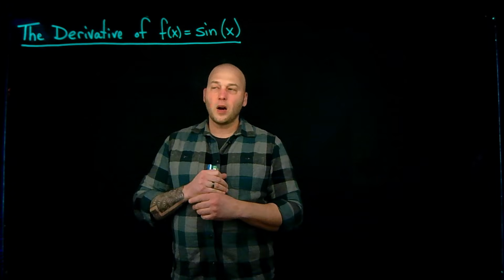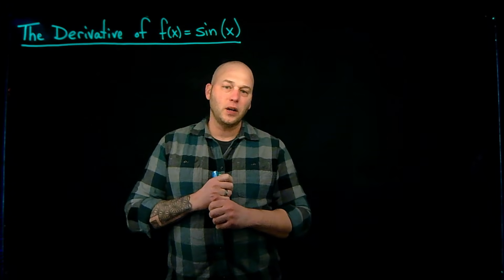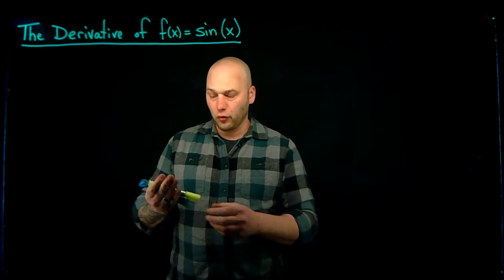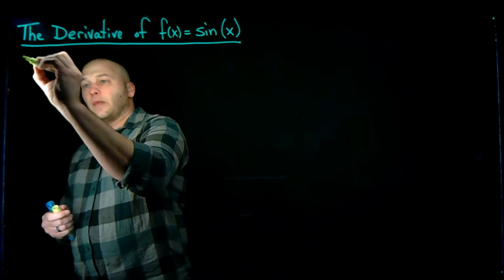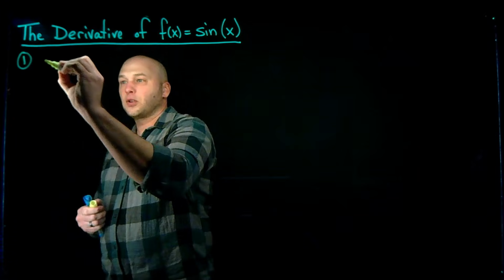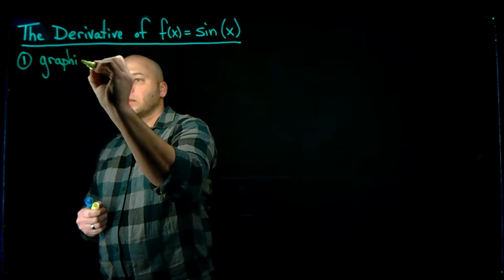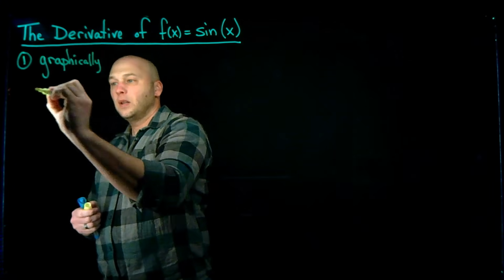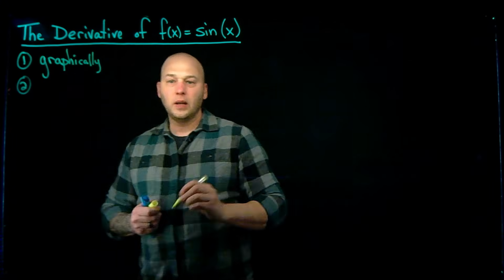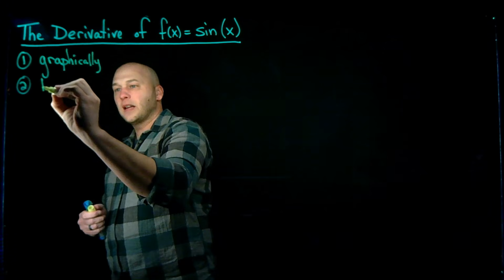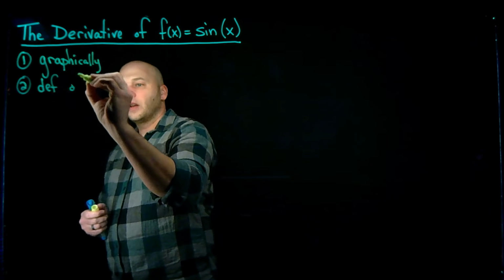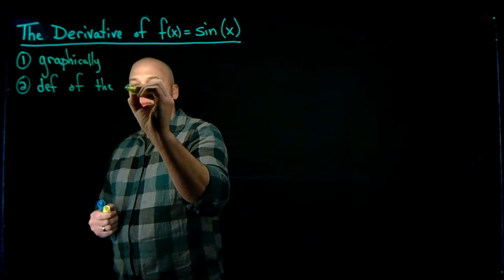Okay, so I'm going to talk about the derivative of the sine function, and I'm going to do it in three ways. The first way I'm going to do it is graphically. The second way that I'm going to do it is using the definition of the derivative.